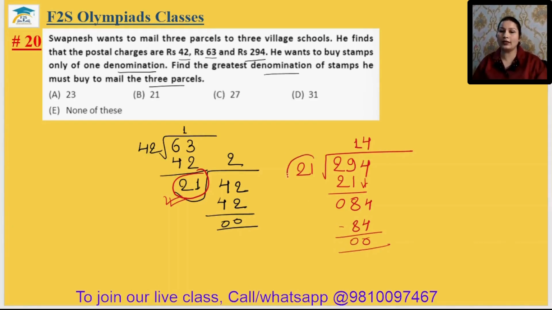So 21 is the answer. 21 is the common denomination which can divide these 3 numbers. That should be the denomination which can be pasted on the 3 parcels as per their value. Question 20's answer is option B.